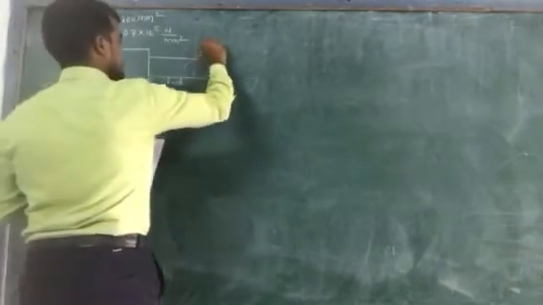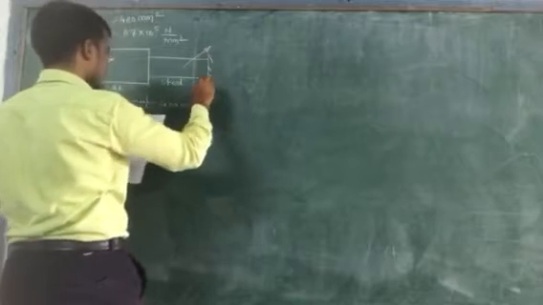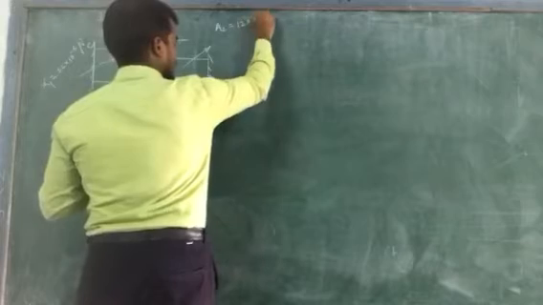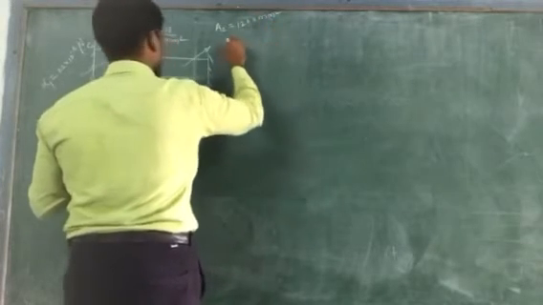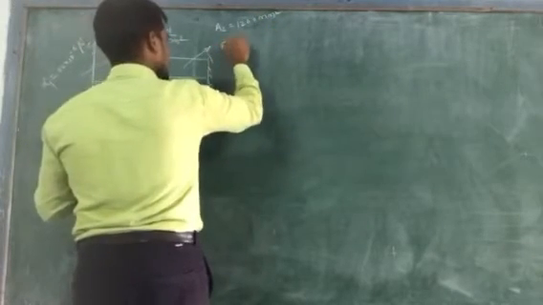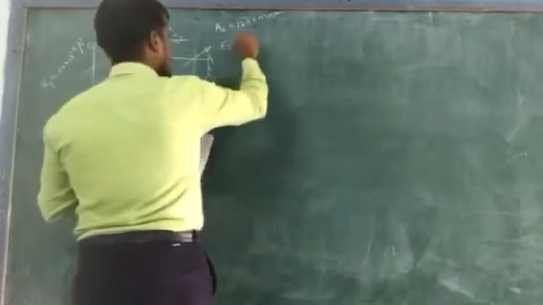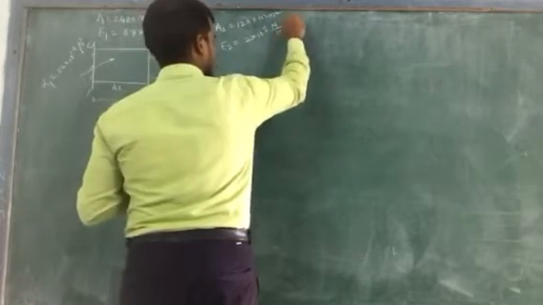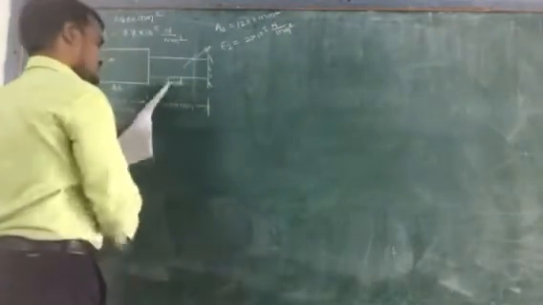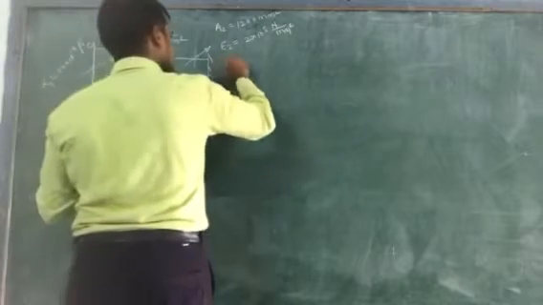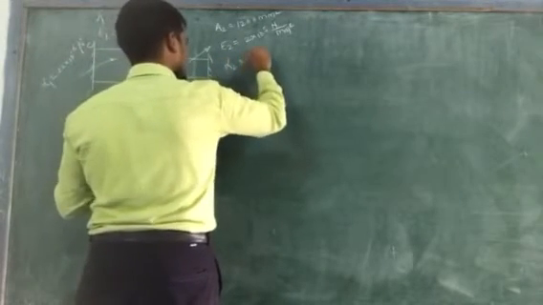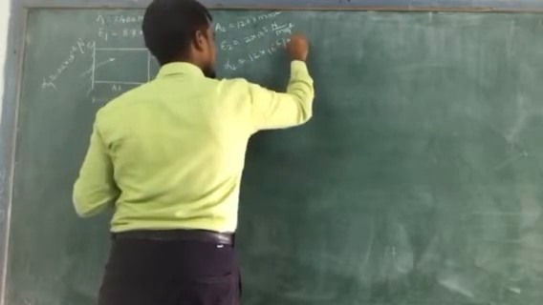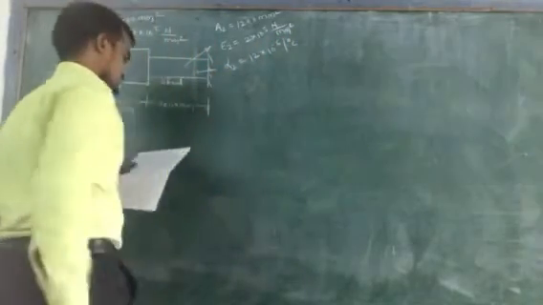Then for the steel element, A2 is given equal to 1200 mm square, E2 is equal to 2 into 10 raised to power 5 Newton per mm square, and alpha 2 is equal to 12 into 10 raised to power minus 6 per degree Celsius.